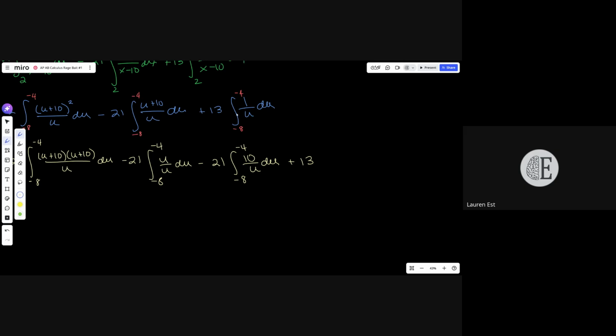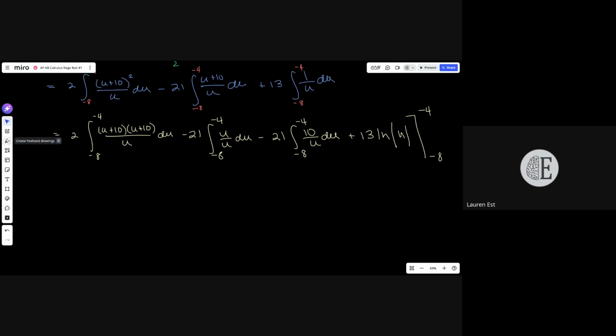13. I can do this one. So if I'm integrating 1 over u du, this is going to be 13 times ln absolute value of u. And I'm going to keep my little boundaries of -8 to -4 here. That one is okay. For this first one, I'm going to FOIL.